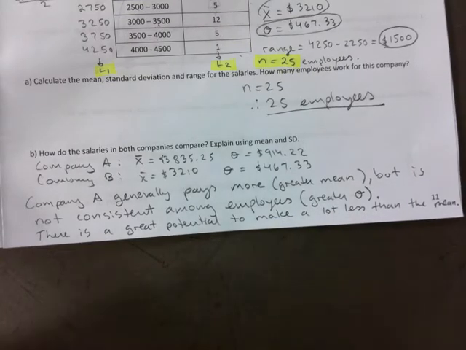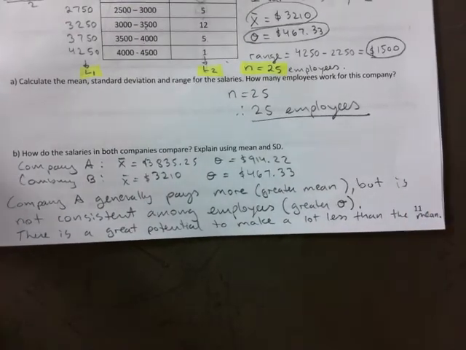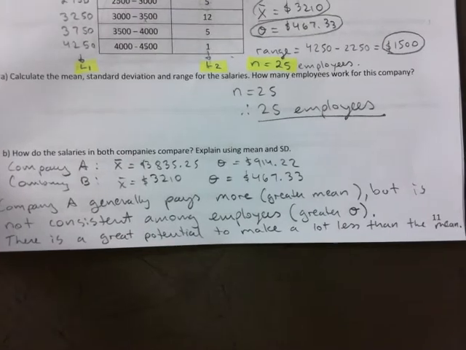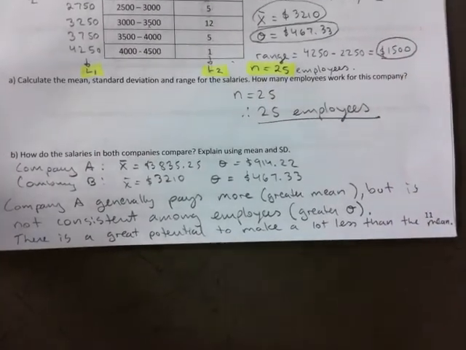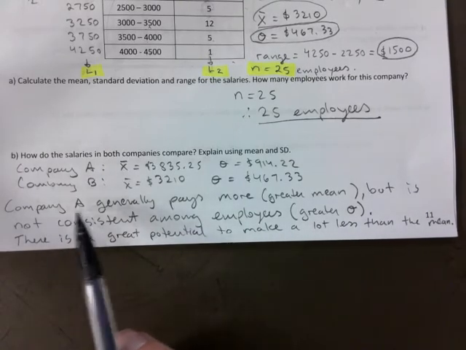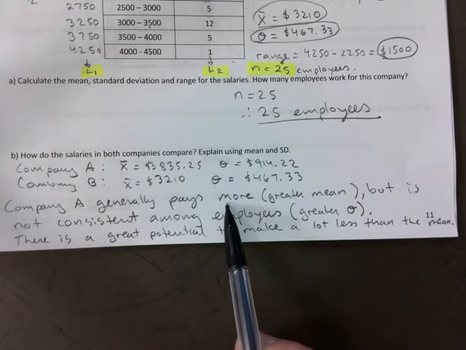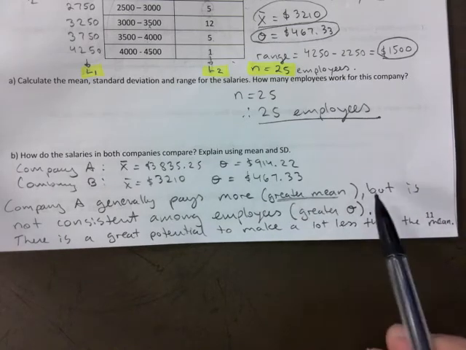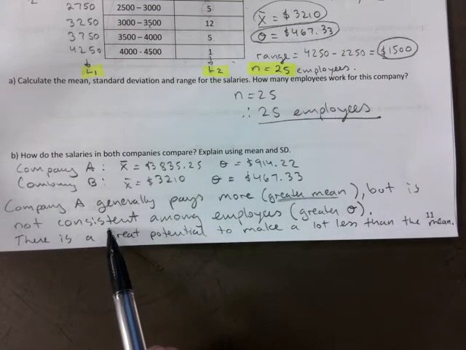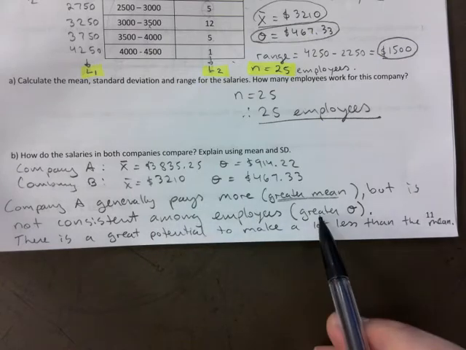Okay. I'm going to zoom in. You want me to zoom in? I'm going to try my best here. Maybe I'll just read it to you. I will read it. Company A generally pays more. Why are you saying that? Because it has a greater mean. But it is not consistent among employees. Why are you saying that?